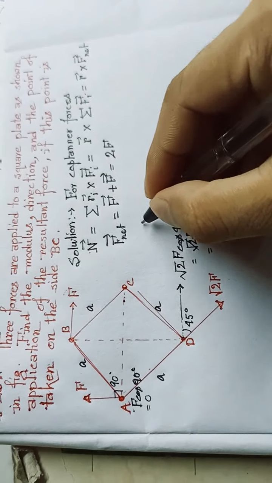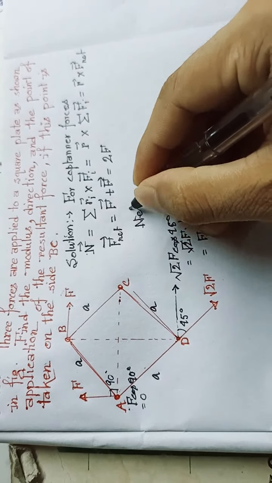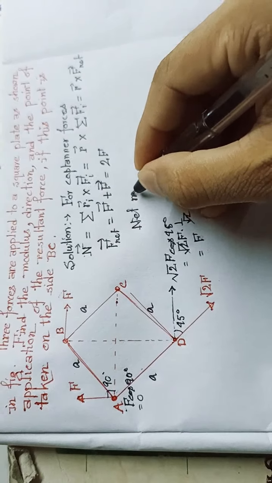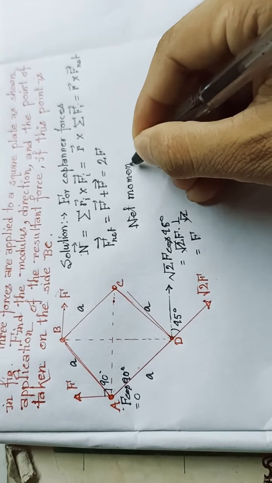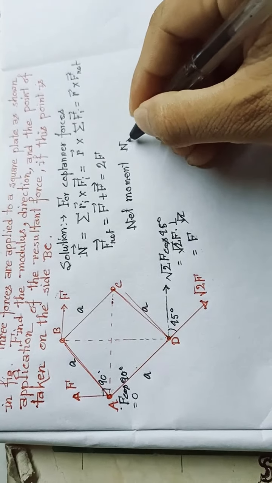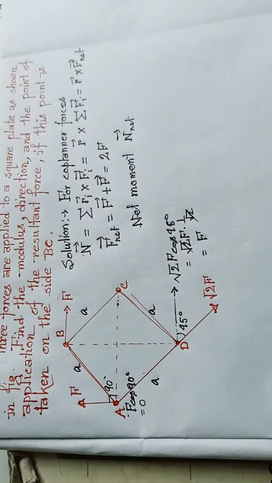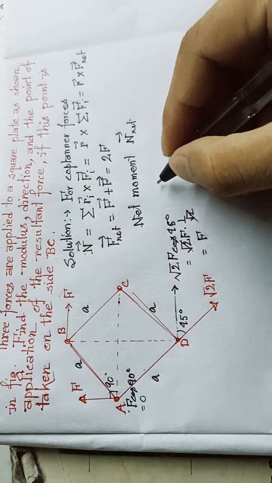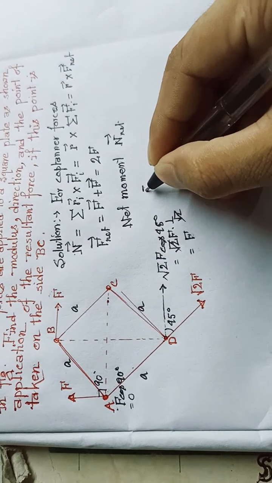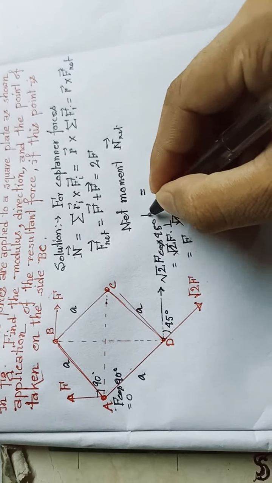Now we'll take the net moment, or N net. For finding the net moment, we will take the force and its corresponding arm length.